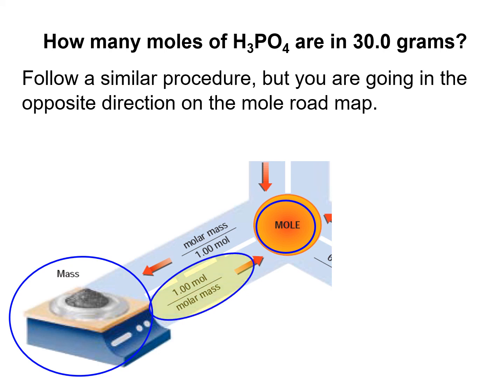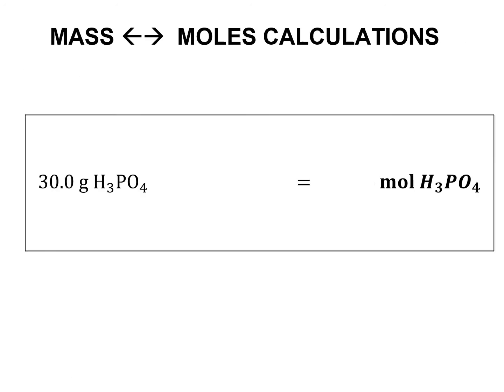But I need the specific information. I need the molar mass of phosphoric acid, for example. So I am going to write what I know, what I'm given on the left-hand side, 30 grams of phosphoric acid. I write what I want to find on the right-hand side, moles of phosphoric acid.